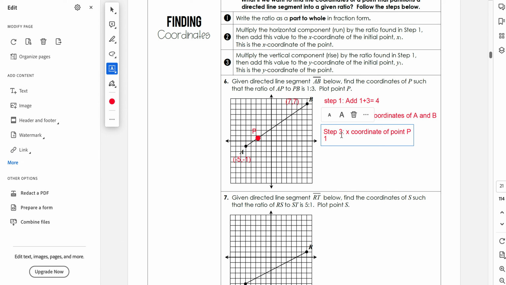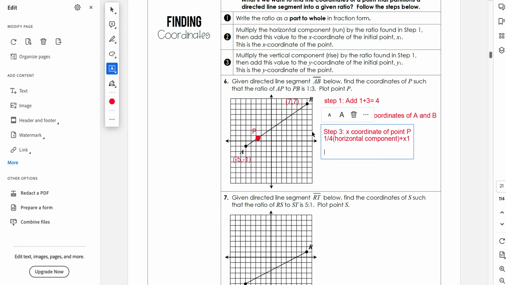So we're going to go 1/4 of the horizontal component. So let me just write that in. So horizontal component, and then we're going to add that to x sub 1. So let's go ahead and do that.